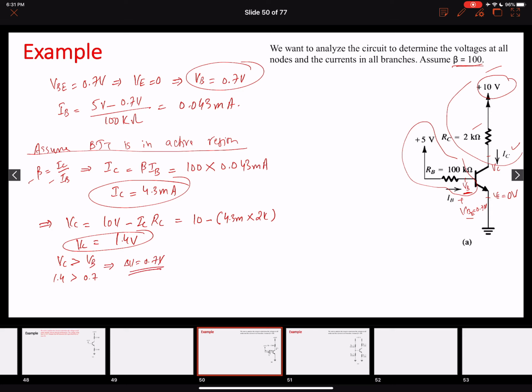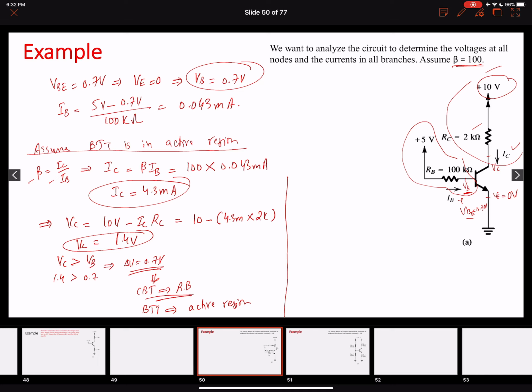So this means that our collector voltage is 0.7 volts higher as compared to the base terminal in this NPN transistor, which means that our collector to base junction is reverse biased and BJT is indeed operating in the active region. So our assumption was correct.